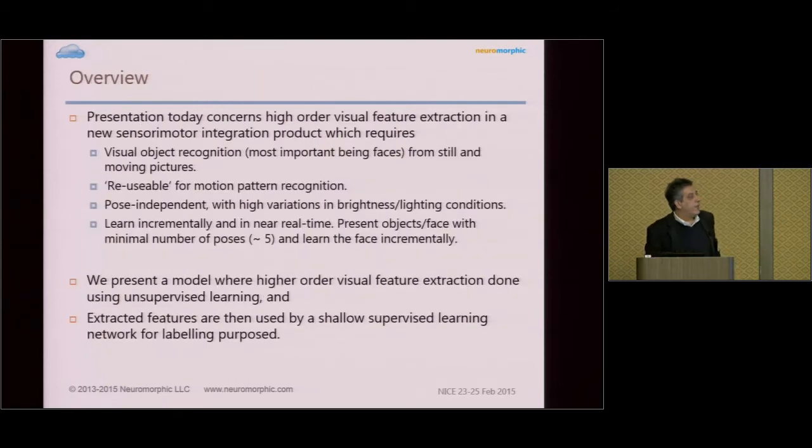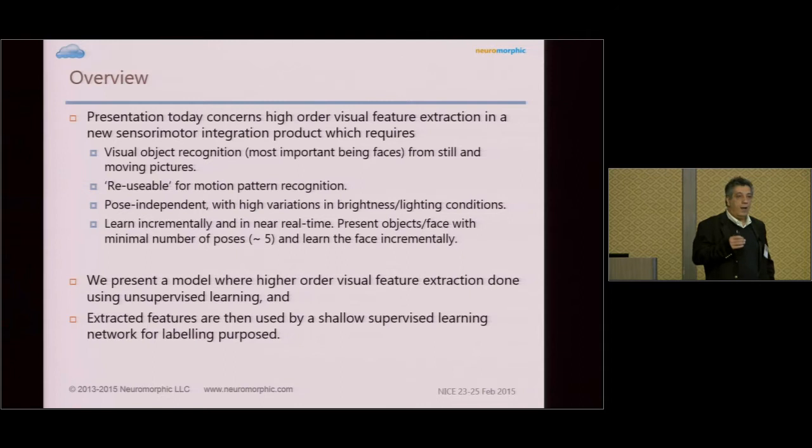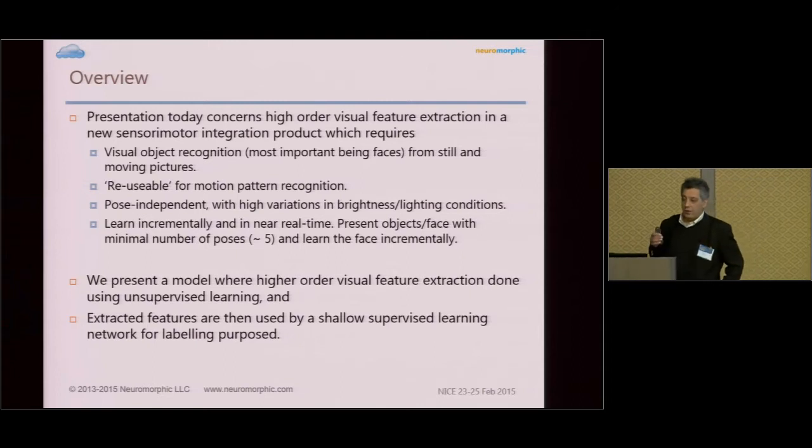So the presentation today concerns how you can extract higher order features in the visual space, with the application that we are focusing on being in the sensory motor integration and control, obviously for robots, and more specifically for home robotics. So the visual object recognition is targeting mainly body parts and, more importantly, faces, whether they are still or moving.